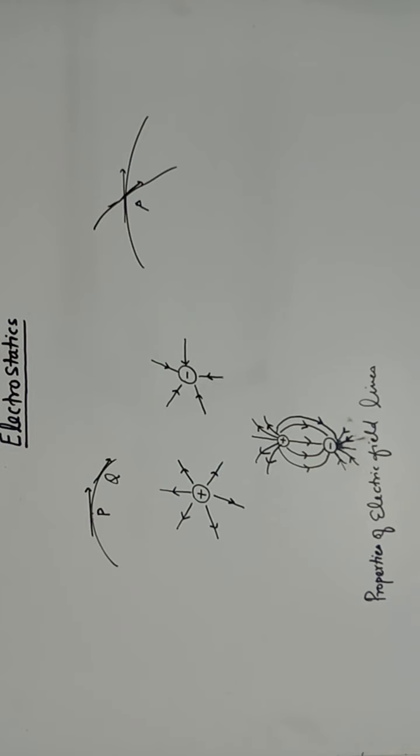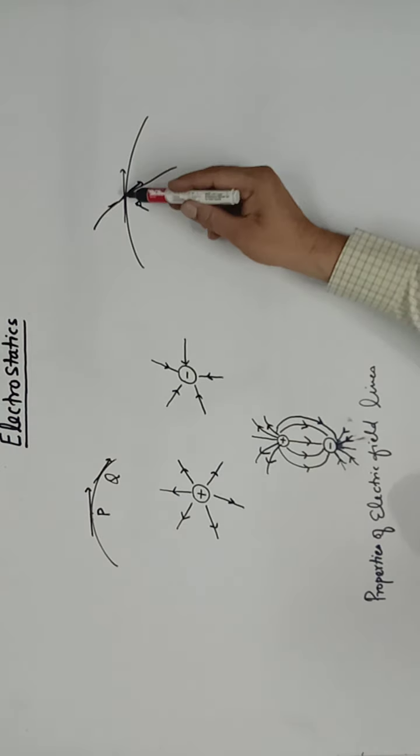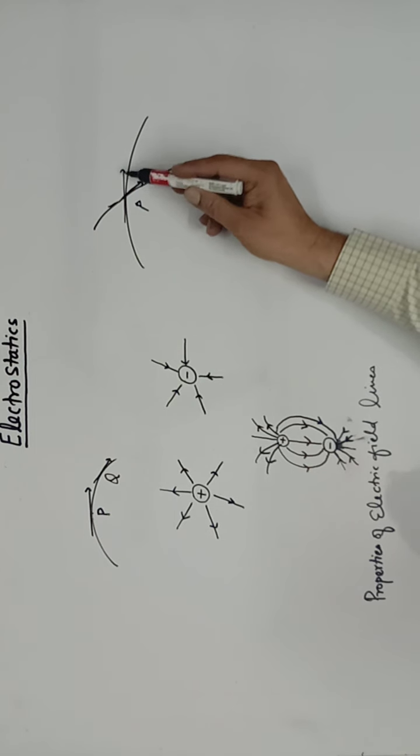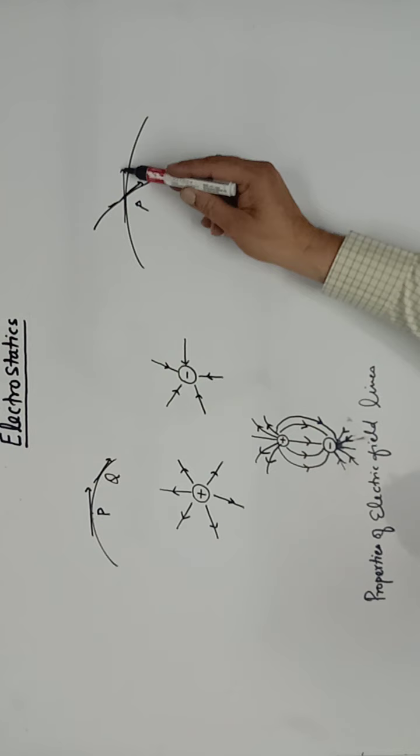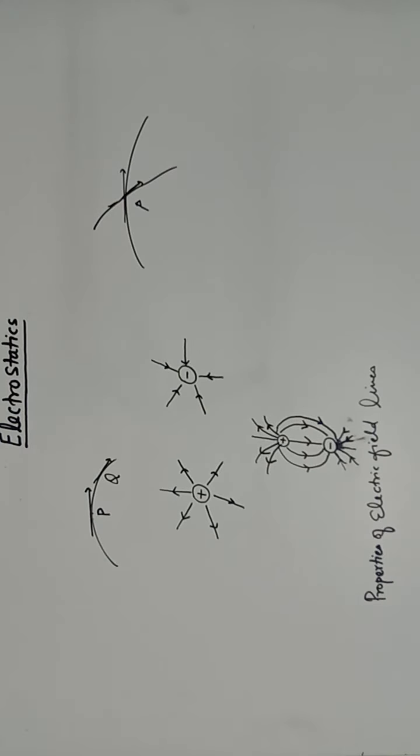So there are two tangents. It means that at the point P, there are two directions of the field, one is this and the other is this. And at a point, only one direction is possible. Therefore, it is impossible that at the point P there are two tangents.